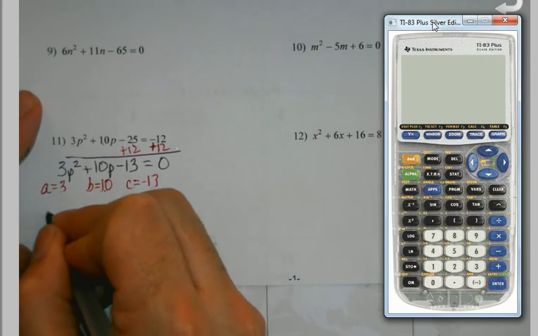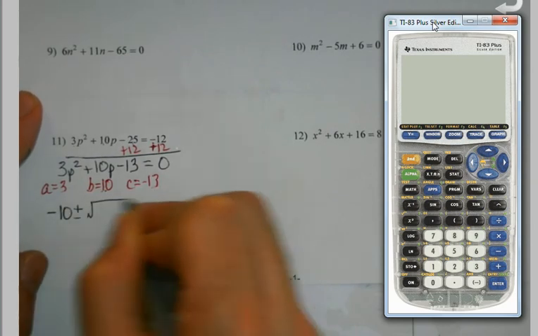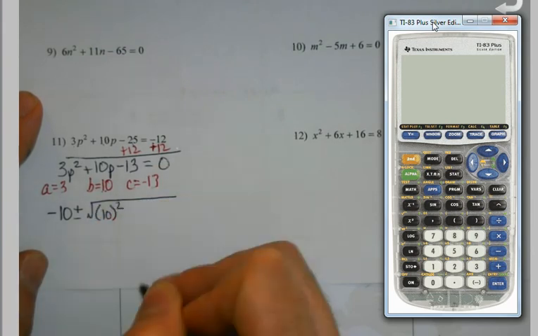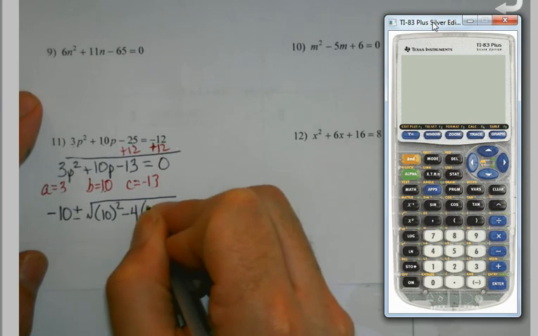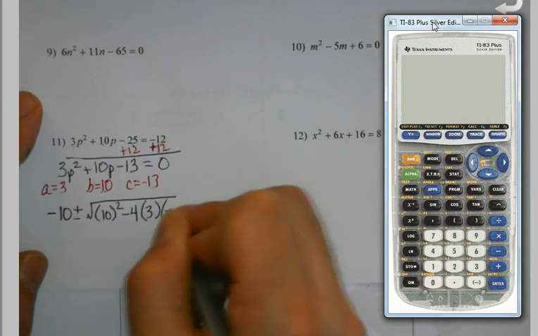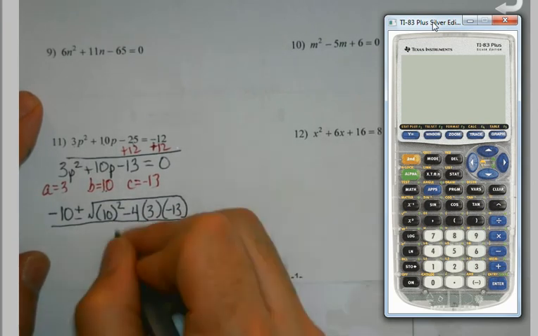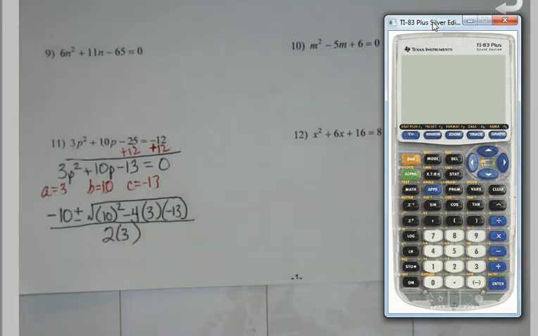So since that's positive 10, I'll make it negative 10. Square root of B squared minus 4 times A times C, all over 2 times A. And you'll always have access to the formula, so as long as you can just copy numbers carefully, we should be good there.